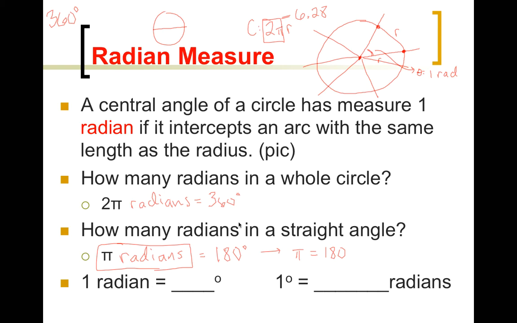One thing I really want to point out here: if we break up a circle into 360 degrees, each 1 degree is pretty small. But if we break a circle up into 1 radian, there are only 6 and a little bit more radians on every circle. So 1 radian is actually much larger than 1 degree.